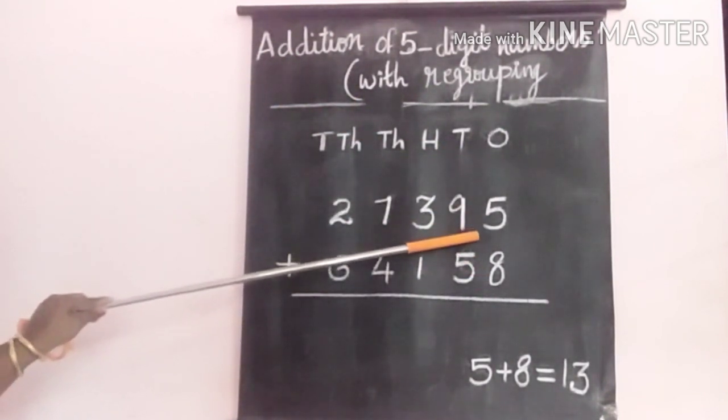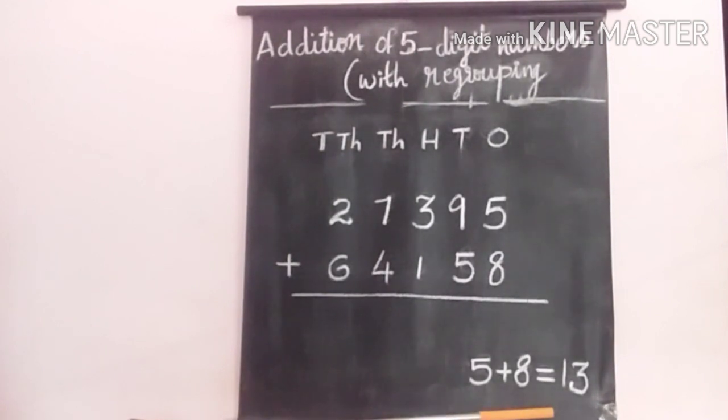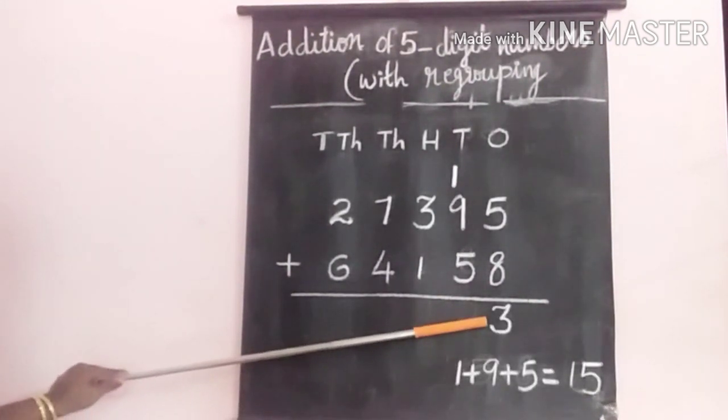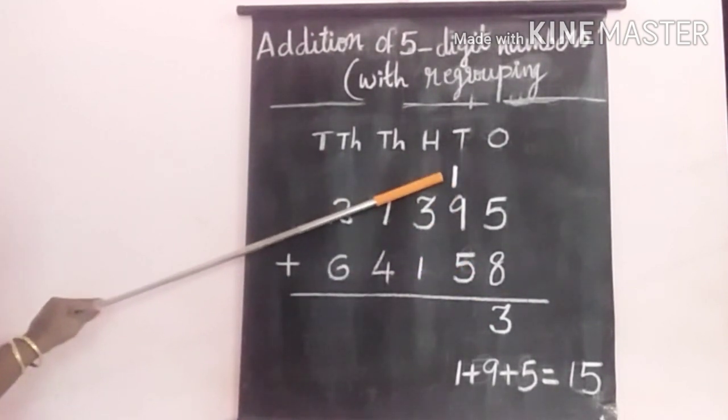So we can add 5 plus 8. That is equal to 13. So for 13, you can write 3 in ones place and 1 as carry over to tens place.